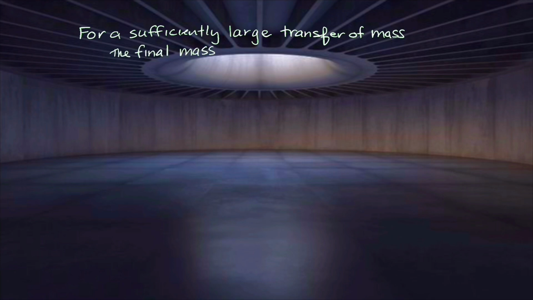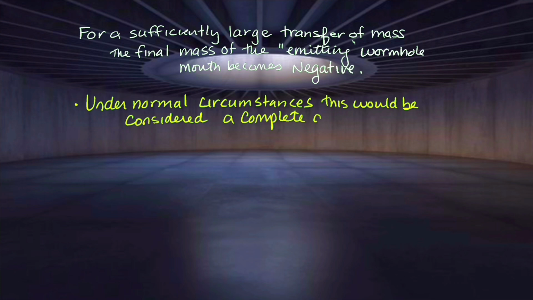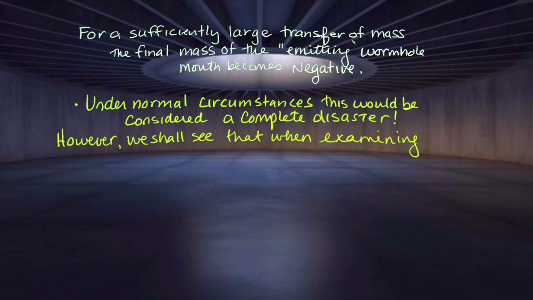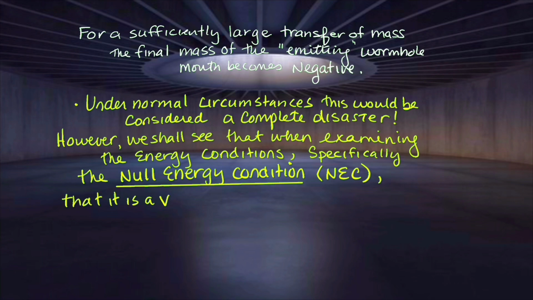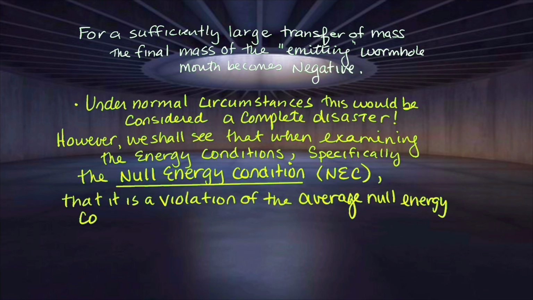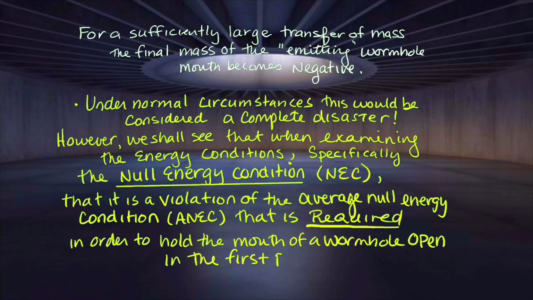For a sufficiently large transfer of mass, the final mass of the emitting wormhole mouth becomes negative. And under normal circumstances, this would be considered a complete disaster. However, we shall see that when examining the energy conditions, specifically the null energy condition, or the NEC, it is a violation of the average null energy condition, which is required in order to hold the mouth of the wormhole open in the first place.